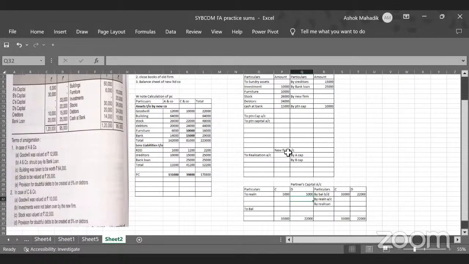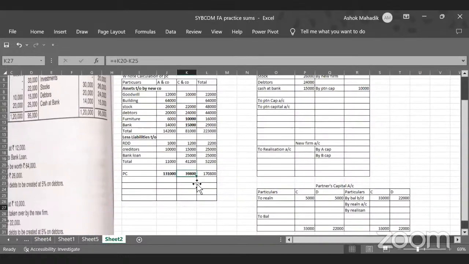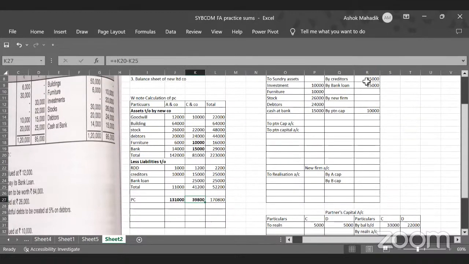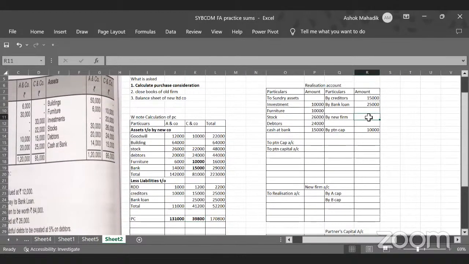Now we'll sell the company to the new firm. We'll use 39,800. So we'll record the purchase consideration at 39,800. Okay.